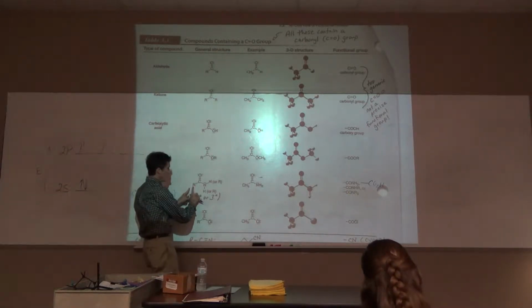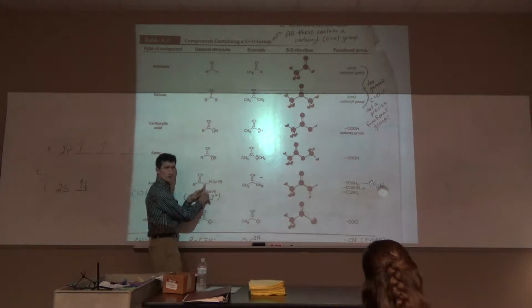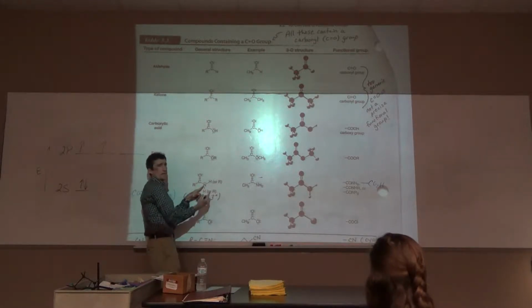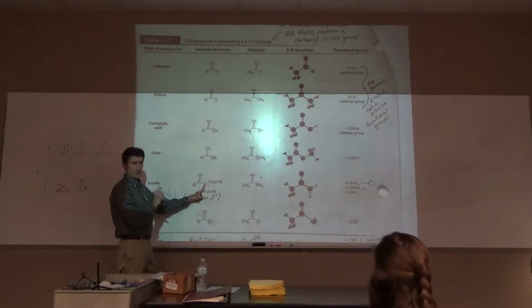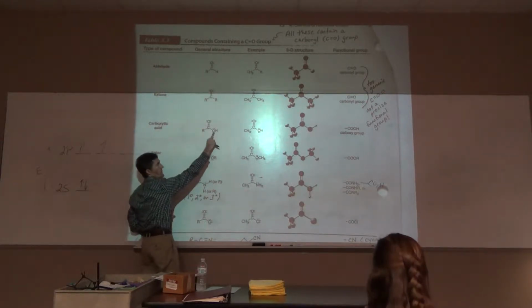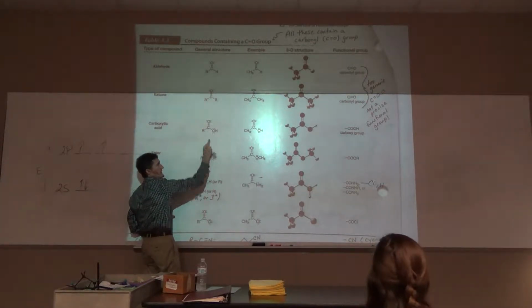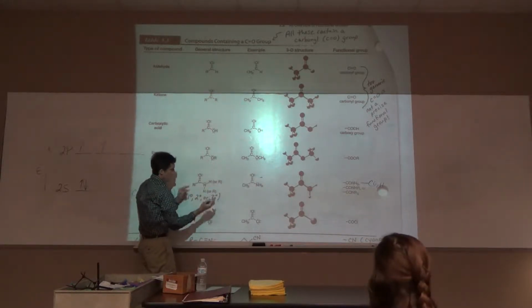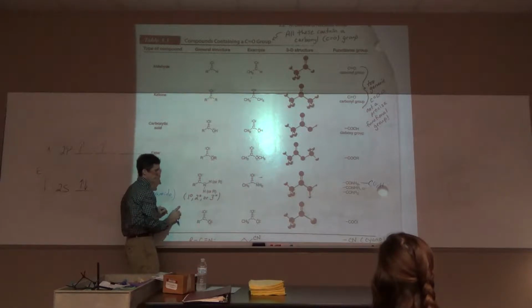This is carbonyl, carbon group on one side, nitrogen on the other. Now with all your nitrogen functional groups, when you start putting R groups on, the name doesn't change. Here you start using primary, secondary, tertiary. You put an R group on the oxygen here, it becomes a different functional group. You put an R group on the amide, it just becomes primary, secondary, tertiary.